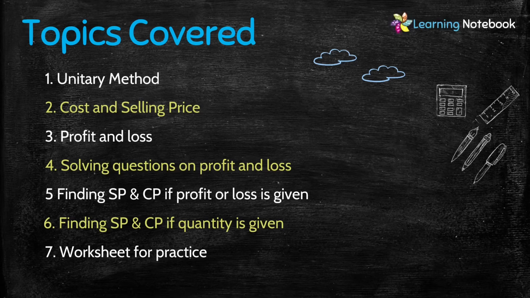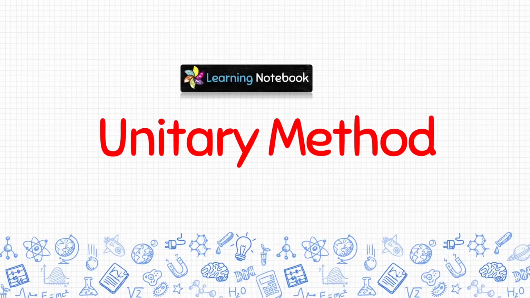Next, we will learn how to find selling price and cost price if quantity is given. And then in the end, I will give you a worksheet for your practice. So let's start and first understand unitary method.